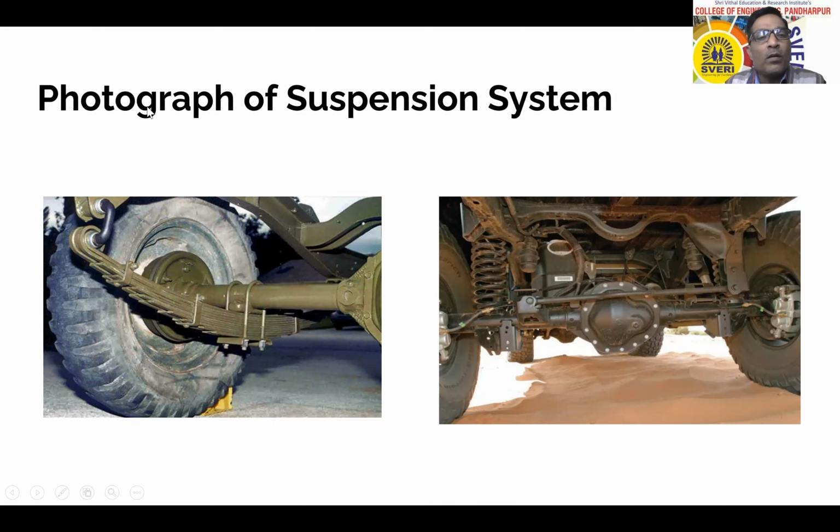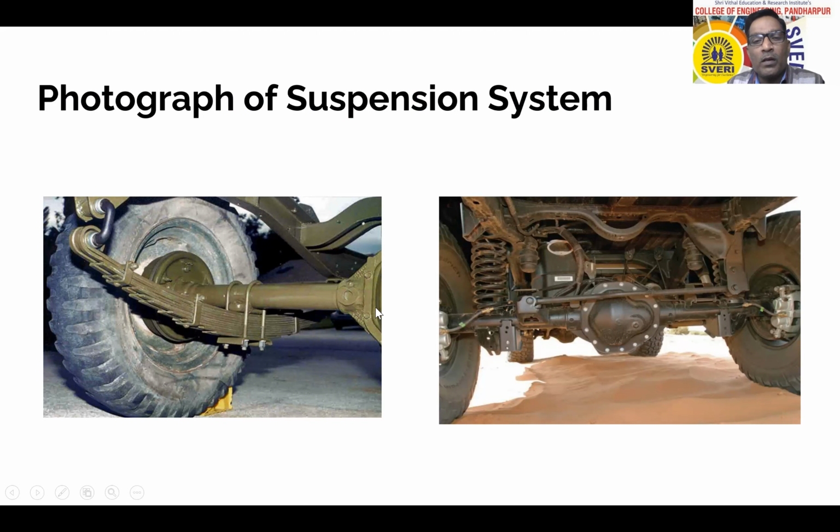Then some of the photographs regarding the suspension system. This is the conventional one, that is the leaf spring based suspension system. You can see this one is the shackle, and the front end is not visible, but it is connected with the help of a bracket. This one is the rear axle.